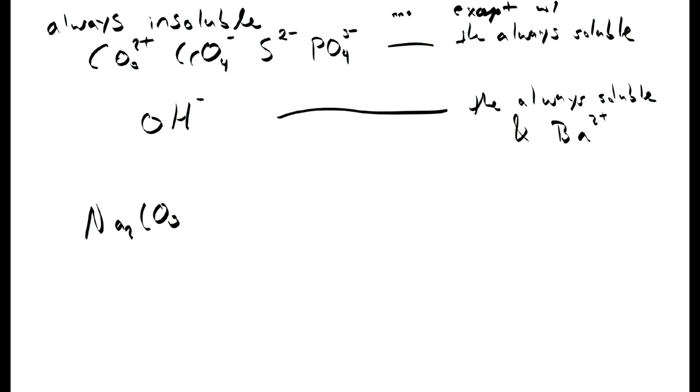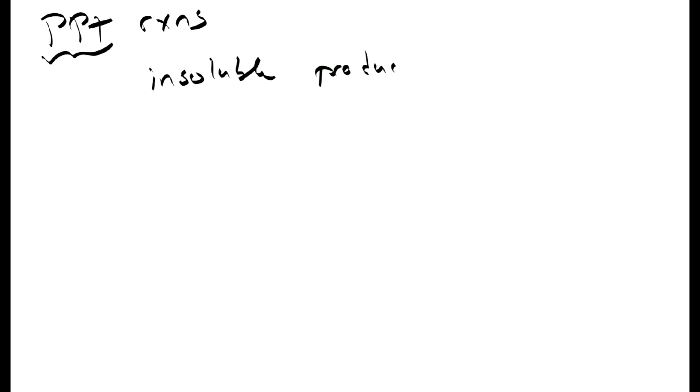So, let's look at some examples of precipitation reactions. This is my abbreviation for precipitate, so I also use it as my abbreviation for precipitation. So, what you're looking for with a precipitation reaction is an insoluble product.